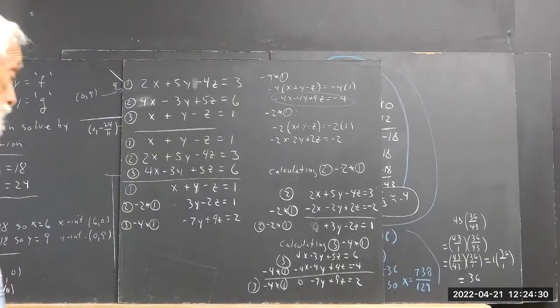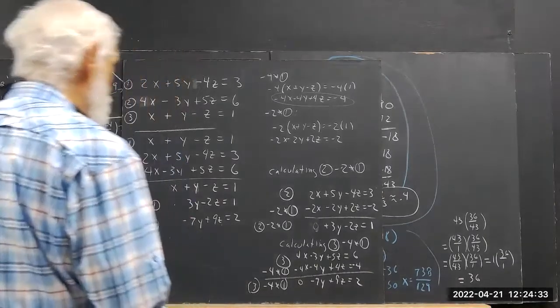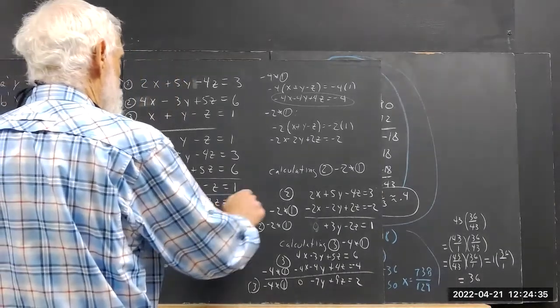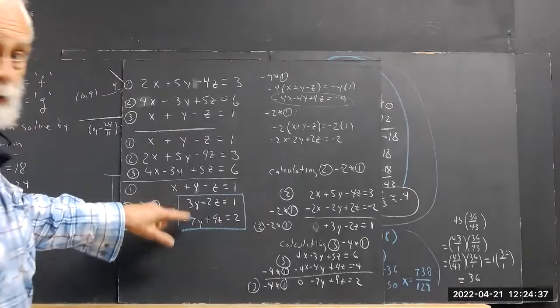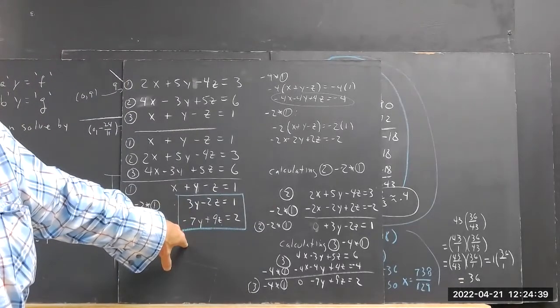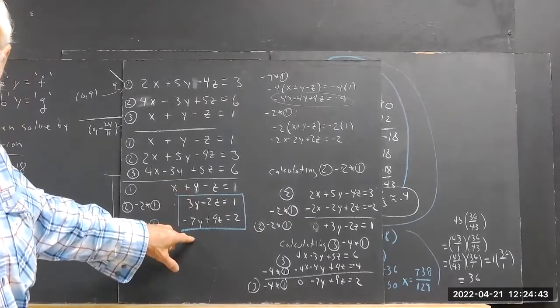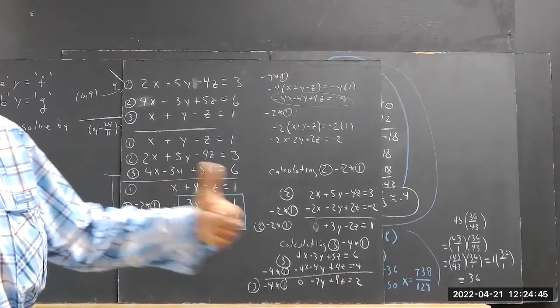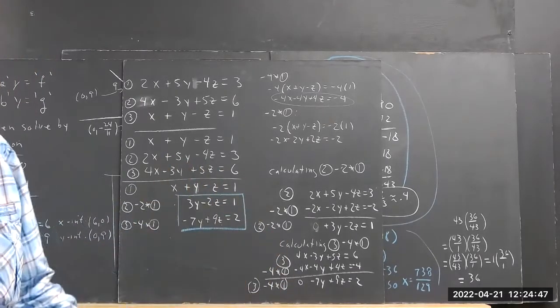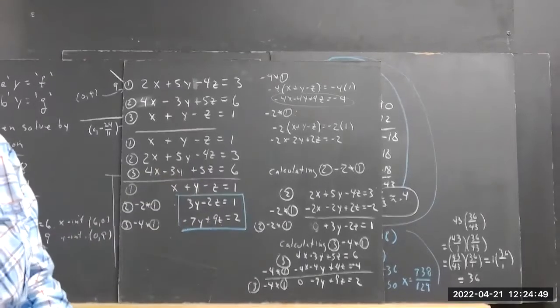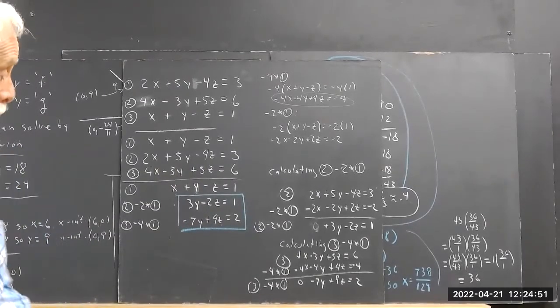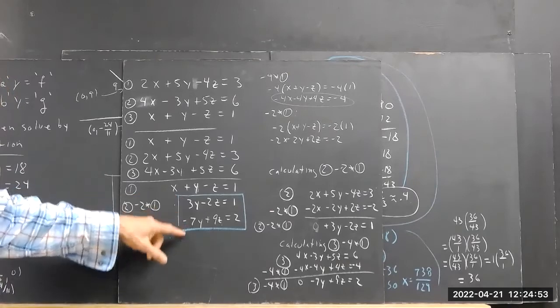Now what I have is 2 equations in 2 unknowns. And we already know how to do 2 equations in 2 unknowns, assuming we've mastered the assignment for today. And if not, we'll need to go back and do that first, okay? We have to master the elimination of 2 equations.